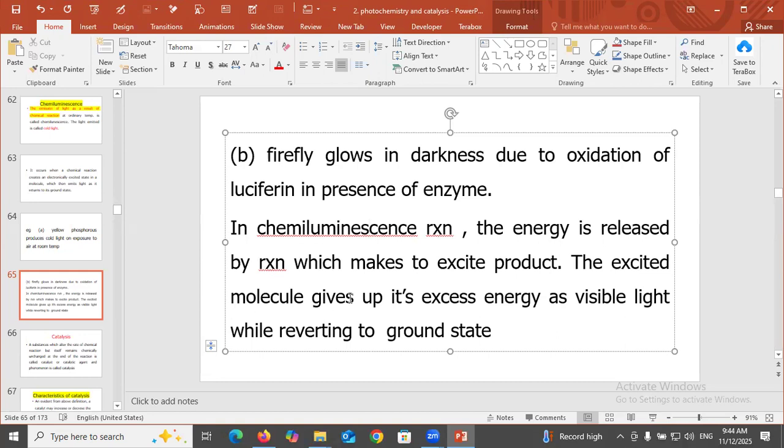The excited molecule gives off its excess energy as visible light while reverting to the ground state.